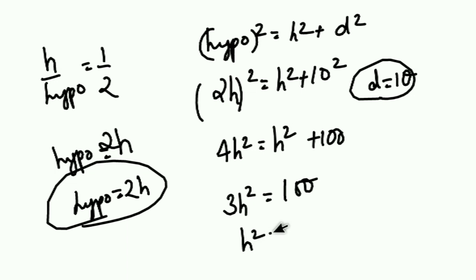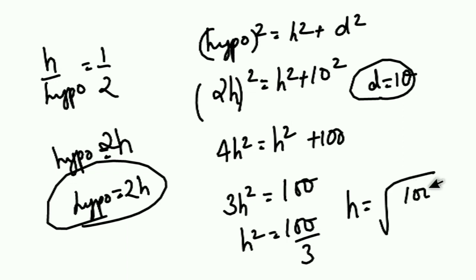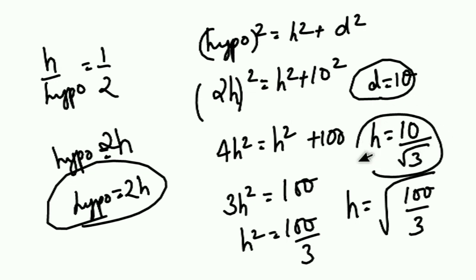So h square will be equal to 100 divided by 3, so h is equal to the square root of 100 divided by 3, which is h is equal to 10 divided by square root of 3. So this will be the height of your building in meters.